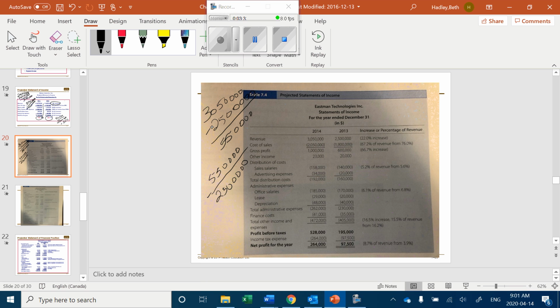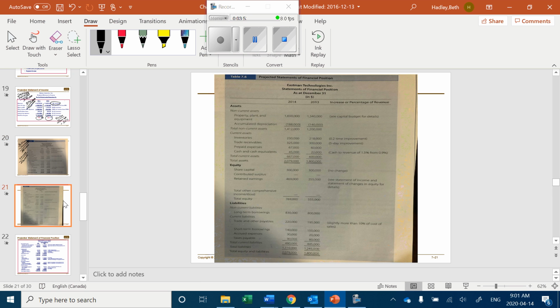Okay, so that's what we're doing here. Everything compared to our revenue in our vertical analysis and also looking at one year compared to the last year and how much it has increased. Okay, and again, from our textbook, we have our statement of financial position.